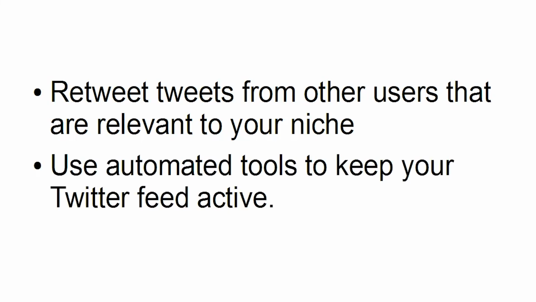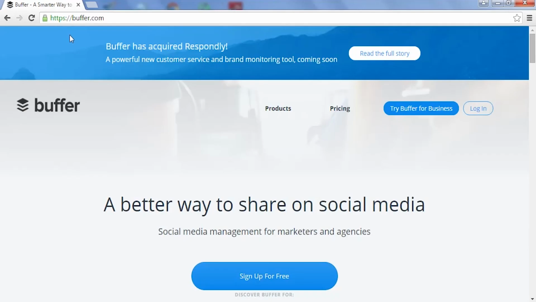Something else that you can do is to use automated tools to keep your Twitter feed active. Now, one way you can really save time when you're updating Twitter is to automate it using a service like Buffer. And what Buffer does is it lets you write a whole bunch of tweets in one go.